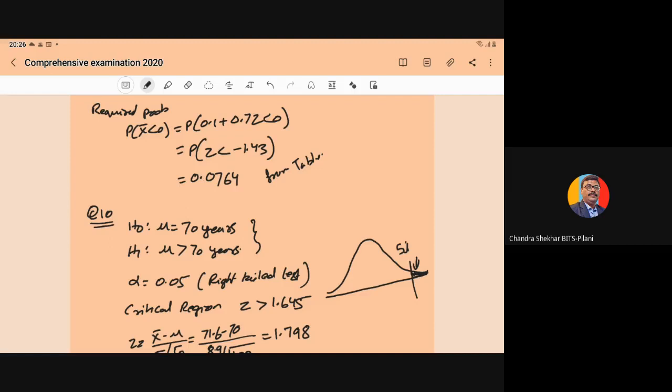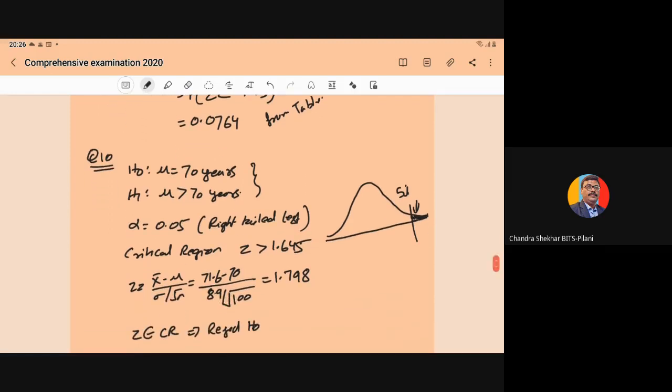So this is the question, and alpha is given to you as 0.05. So this question belongs to the right tailed test. Right tailed means on this side we have the 5% only. So from here the critical region will become z greater than 1.645, means this is z is equal to 1.645.